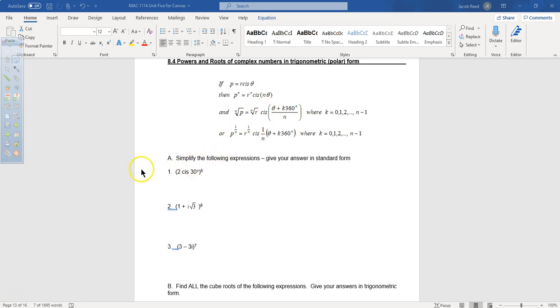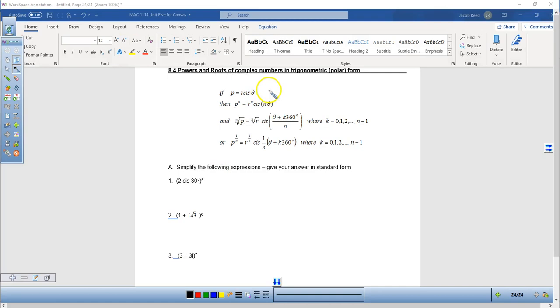Okay, for example, in number 1 we have 2 cosine plus i sine of 30 degrees and we're raising it to the 5th power, which means that we're going to follow formula number 1 up here, that if I raise the expression to a power, I'm going to raise r to that power, but then multiply theta by the power.